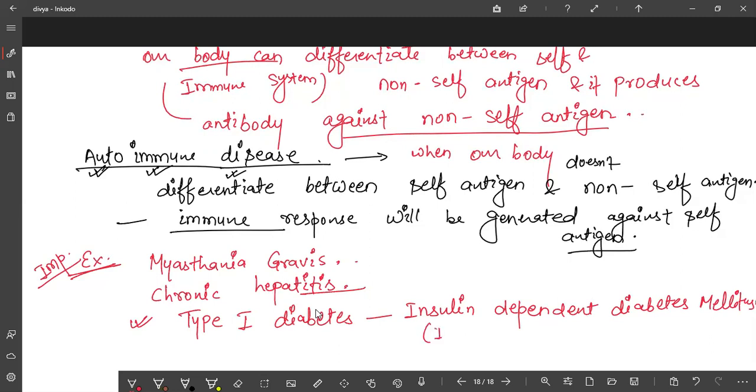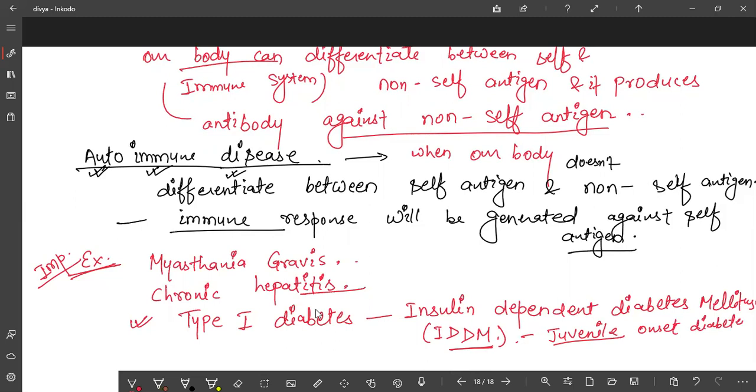In short, you can write it as insulin dependent diabetes mellitus. Is it clear to you? This is also called juvenile onset diabetes. Juvenile, less than 20 years of age. Infant, juvenile, and then adult. So many phases are there in life, right? So this is juvenile onset diabetes.